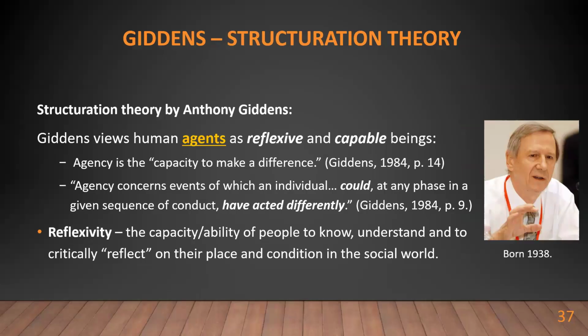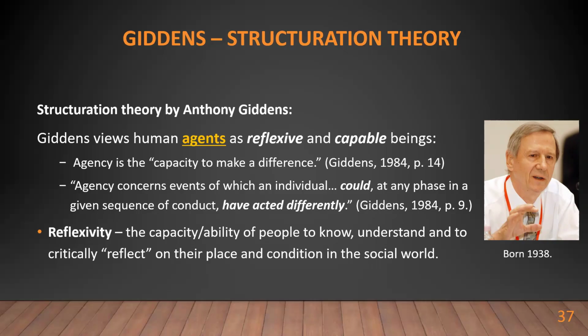And the main theorist for us is Anthony Giddens. He's a British theorist. He's still alive. And he created the structuration theory. And that theory does polemicize this. It's the central aspect of the theory. So he says, okay, well, let's take agents. Agents are defined by reflexivity and capability.